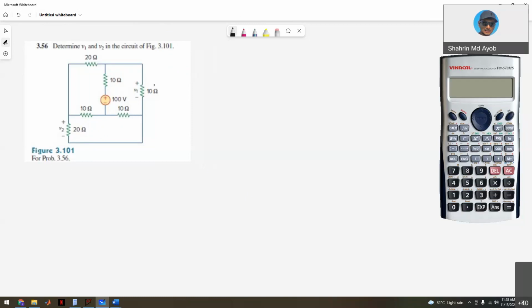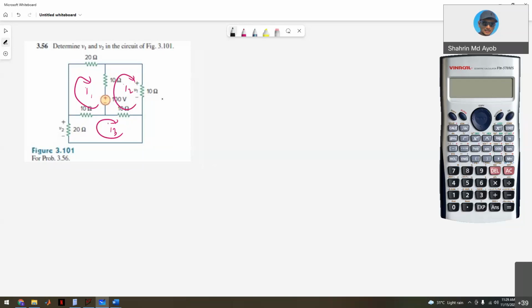As you can see, we don't have a current source, meaning that we don't have a supermesh. So just clockwise: I1, I2, maybe this one I2. Just assume. For me, I prefer to use clockwise. I don't know why. It's based on which one you prefer.